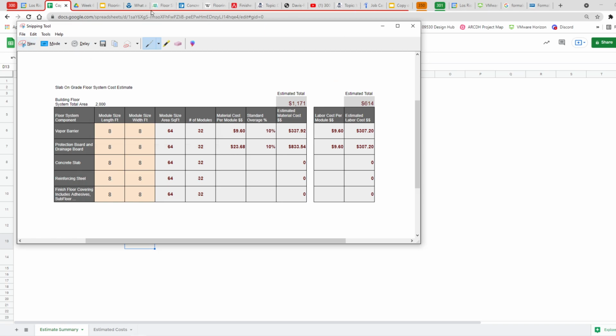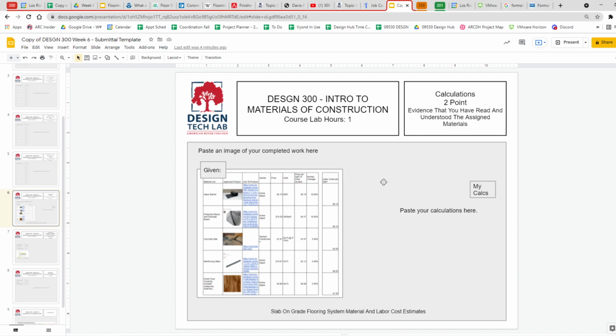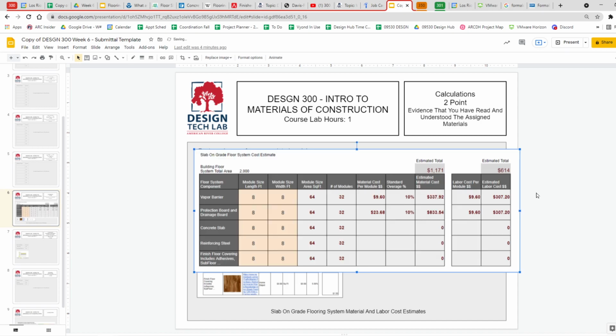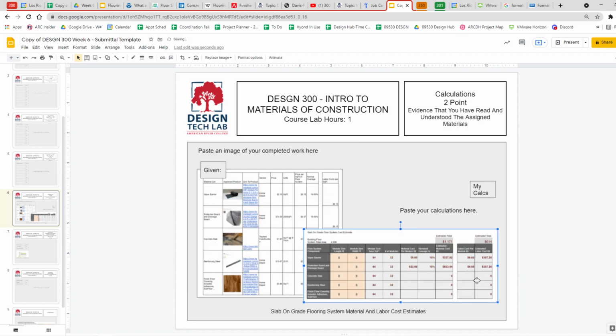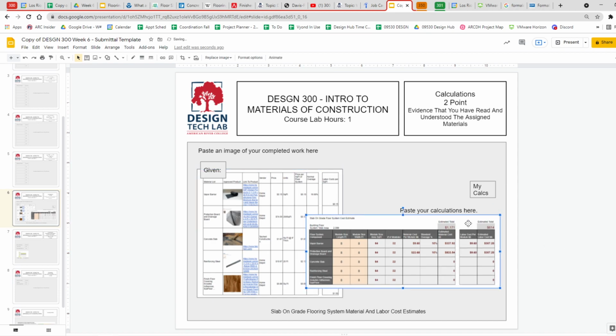Image that you can work with. I'm doing Control C and Control V. Something like that is probably okay. Okay, this one's size kind of taking over the other one a little bit.